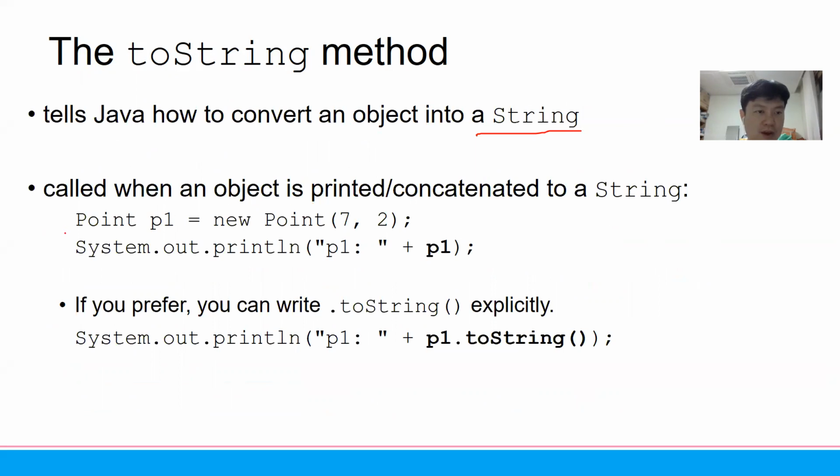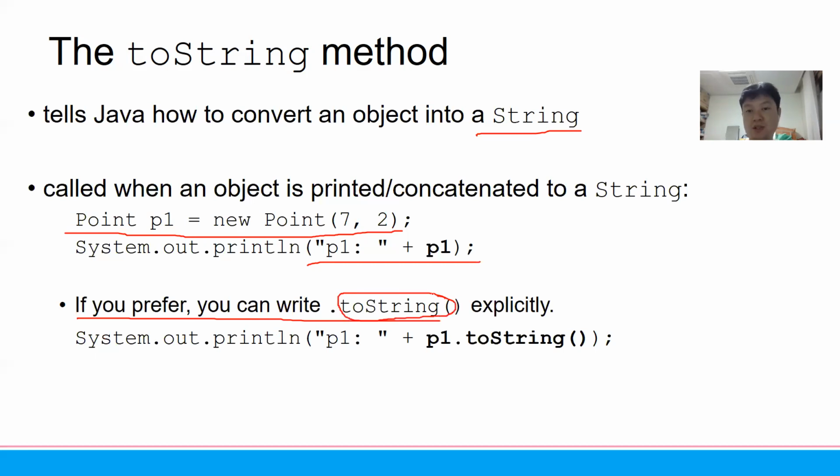So let's suppose I have Point P1 and the new Point is 7,2, and if I want to print P1, then it will be the object directly. It will show you the values 7 and 2. But in some other way, you can just write .toString. So this toString is to show the value in a string format.